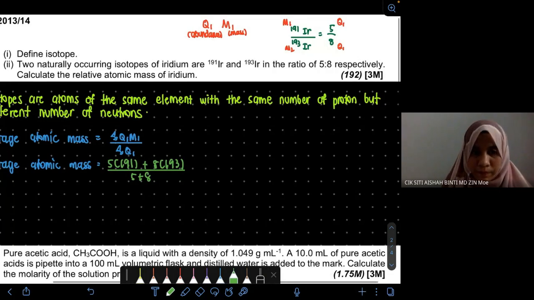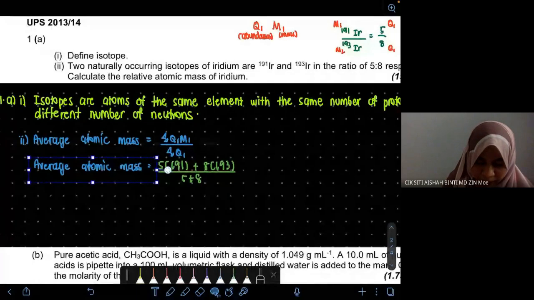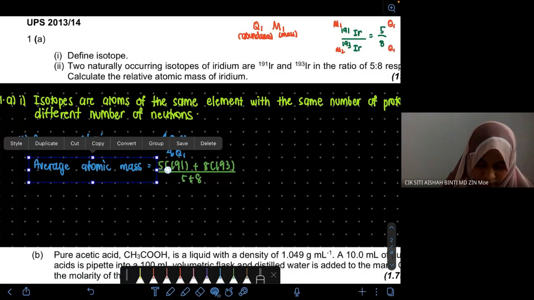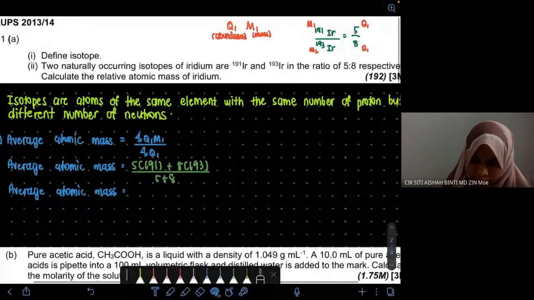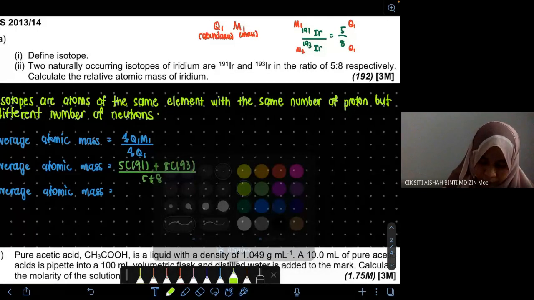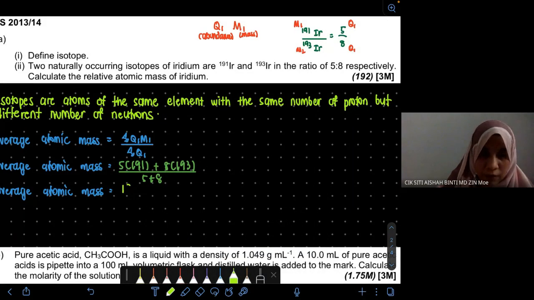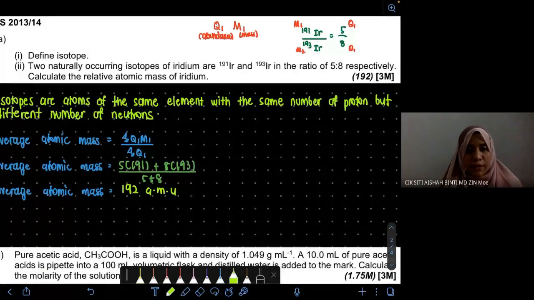When we calculate, Miss gets the answer 192 here. But for the calculation of average atomic mass, you have to write down the unit.